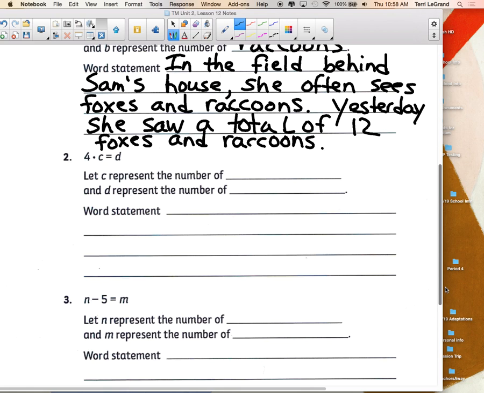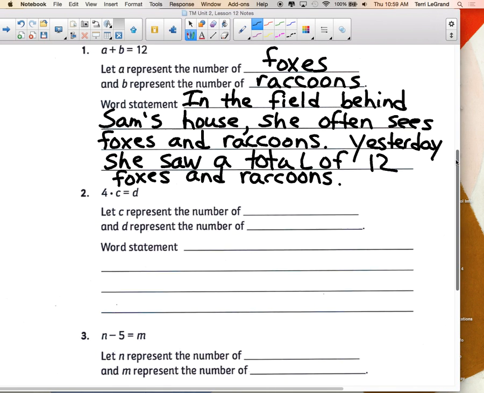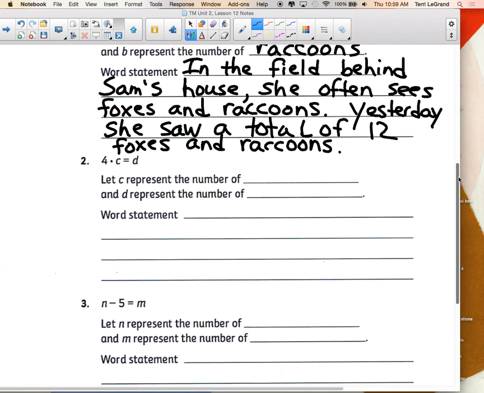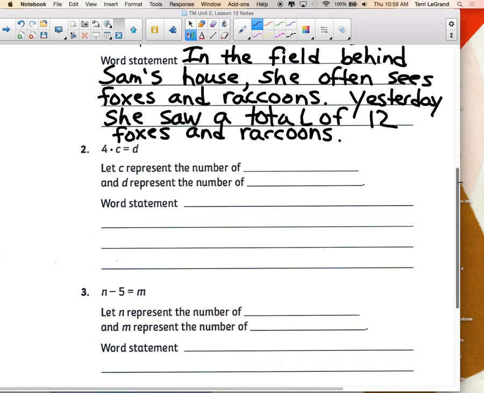Okay, so this is just representing the situation, and then if we want to start asking questions, we can ask questions and apply those numbers to our situation, to our equation. Okay? Do we have the thought process going down now, right? Are we ready to try the next one? 4 times C equals D. 4 times something equals something else.